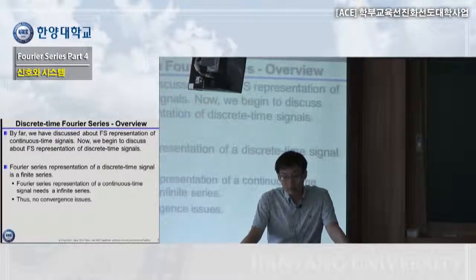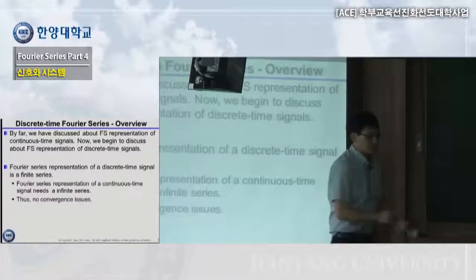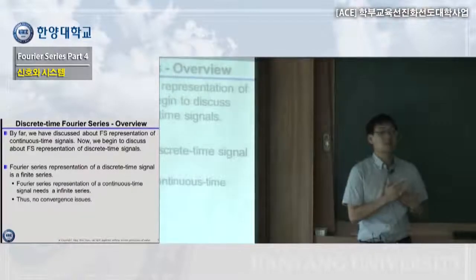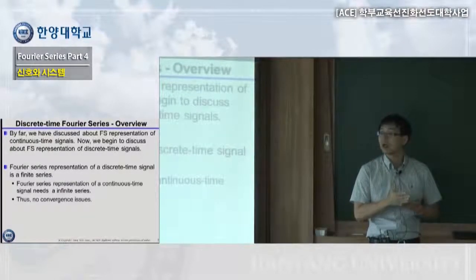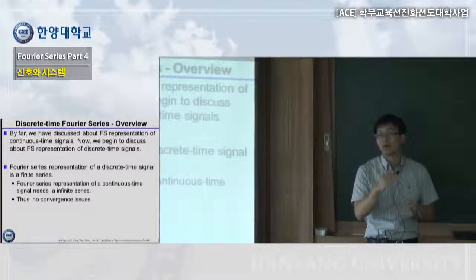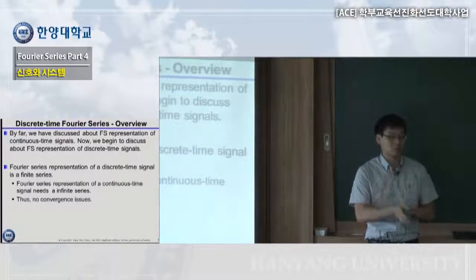In case of discrete time signals, it is a finite series, so no convergence issue. What this means is, I skipped a part in part 1, one part talking about convergence issues in Fourier series coefficients.